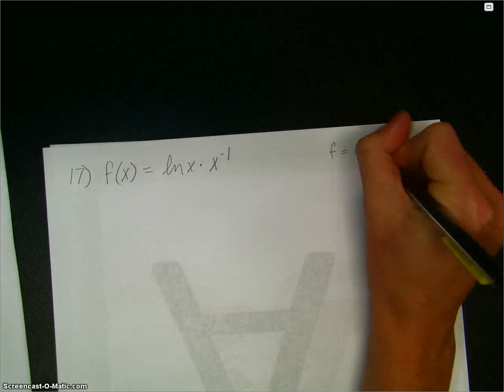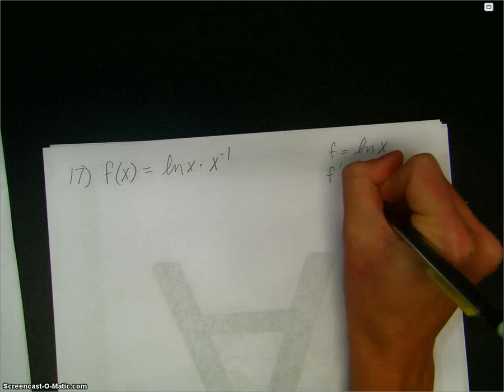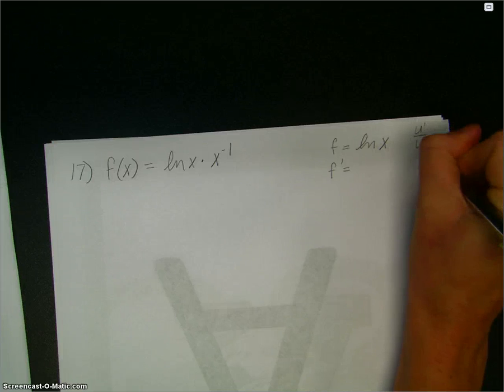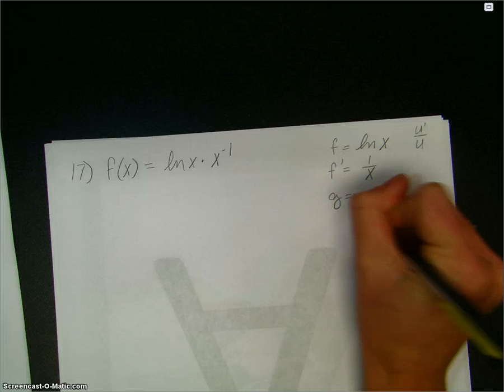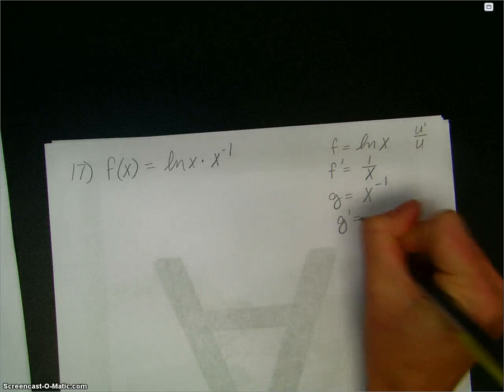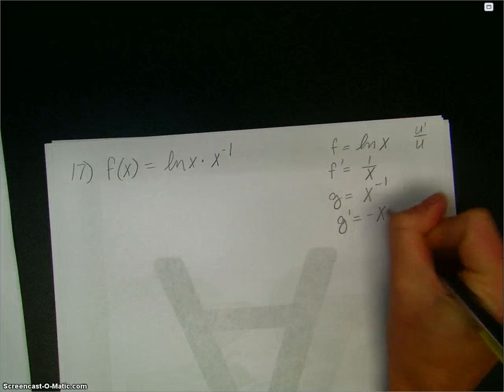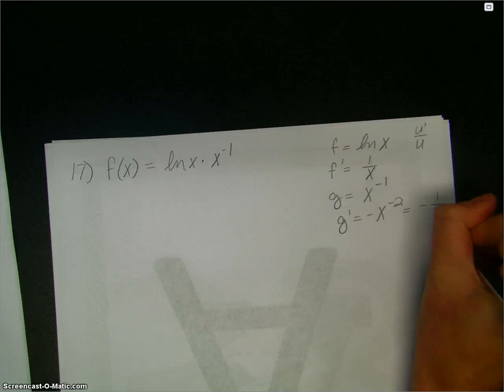So I'm going to say that f is the natural log of x. Therefore, f prime is going to be u prime over u, so 1 over x. And then g is x to the -1 power. That gives me that g prime is going to be -x to the -2 power, or -1 over x squared.